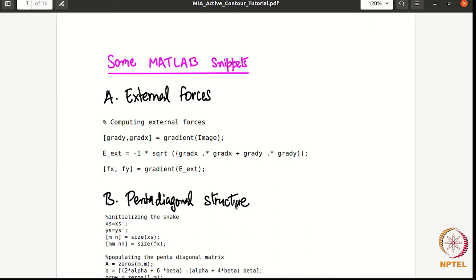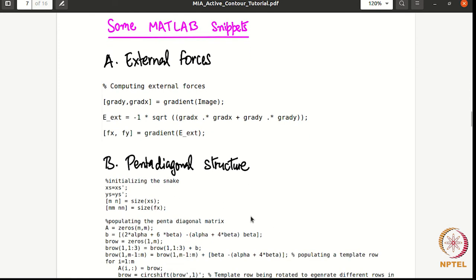For example, here is the code for calculating external forces, that is, the gradient of the image. Note that we can simply use the gradient function in MATLAB and we can calculate the energy. SQRT means square root.